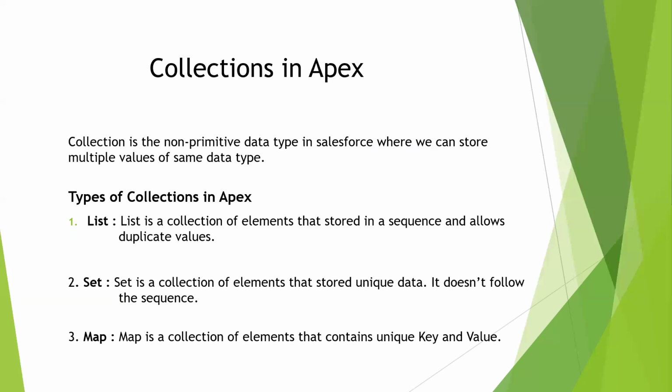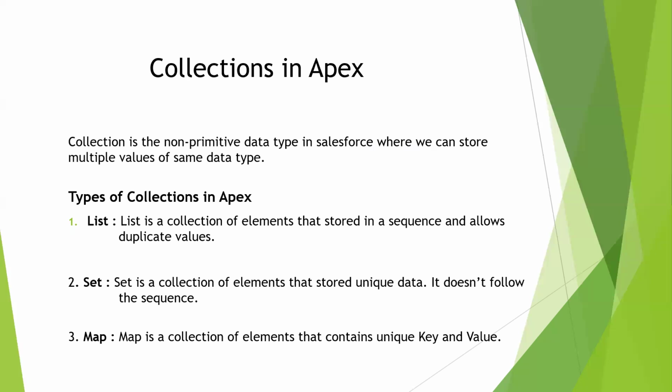Number two is set. A set is a collection of elements that stores unique data. It does not follow a sequence. For example, suppose a teacher is taking attendance in the classroom: Rahul, Anjali, Rahul. Duplicate names are not allowed here, so Rahul cannot come a second time, and order does not matter.